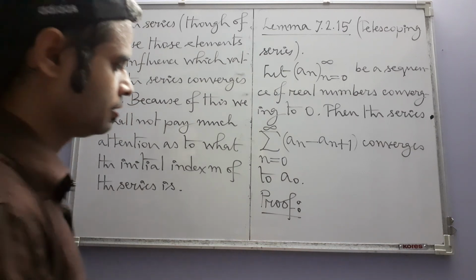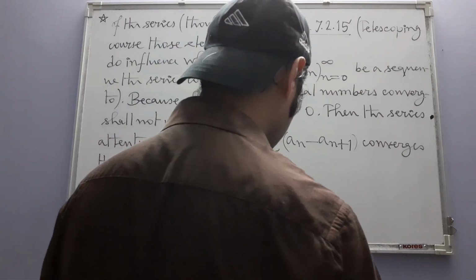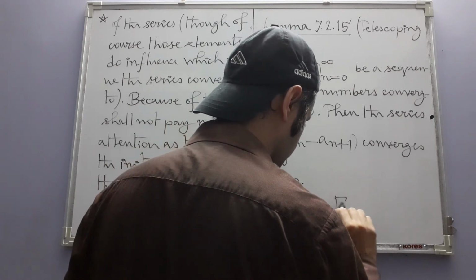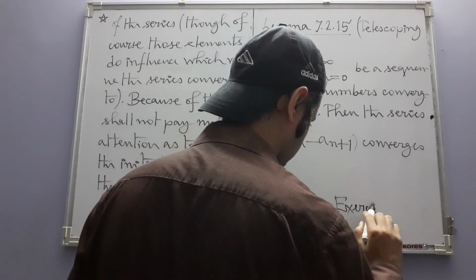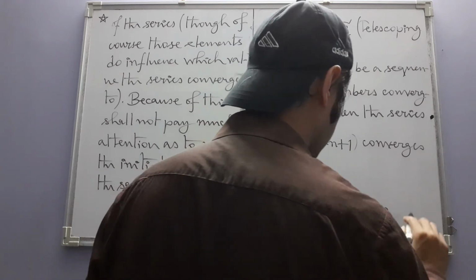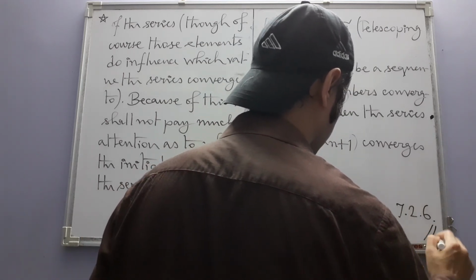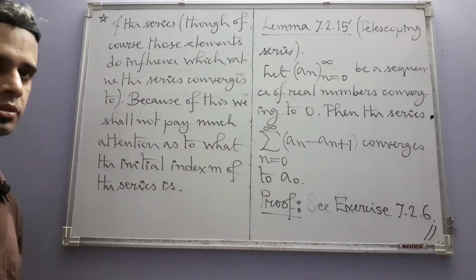So that's why the sum is A naught. And for this, exercise 6, and this is where the section ends.